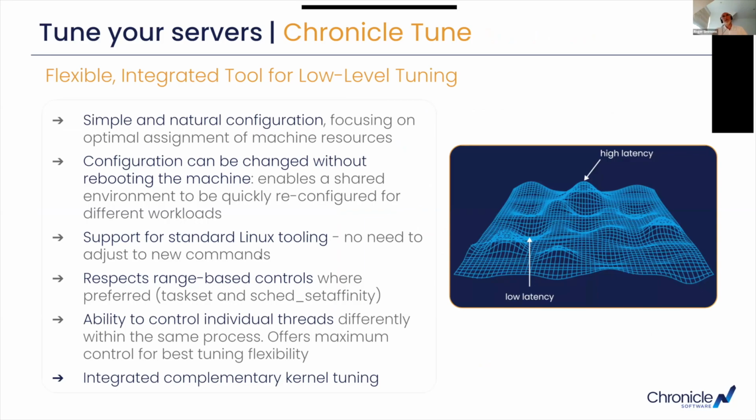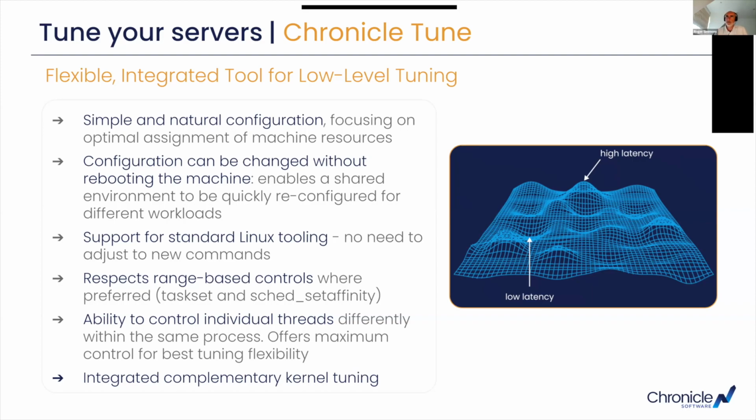And even where there are standard tools, some of those tools have fairly important caveats, right? So the classic is isolcpus, very powerful. However, it does have certain downsides. So you need to reboot the machine each time you change the configuration, for instance. And also there are complications with using isolcpus with range-based controls like taskset and sched_setaffinity.